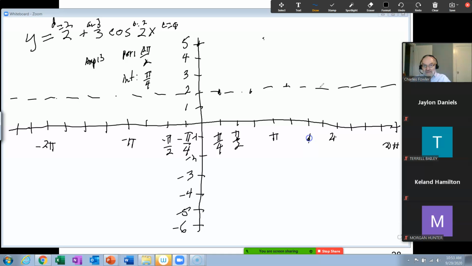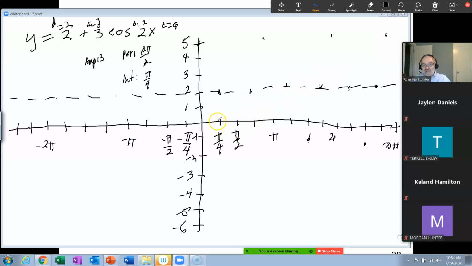Up to your baseline, up to your max, down to your baseline. Yuck! Okay, down to your min, up to your baseline, and then up to your max.